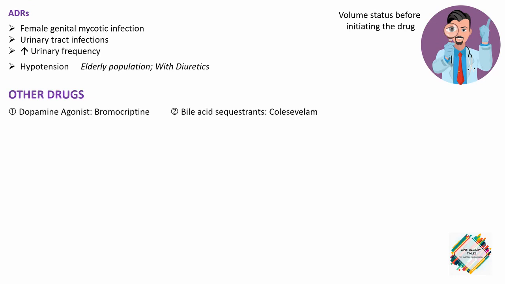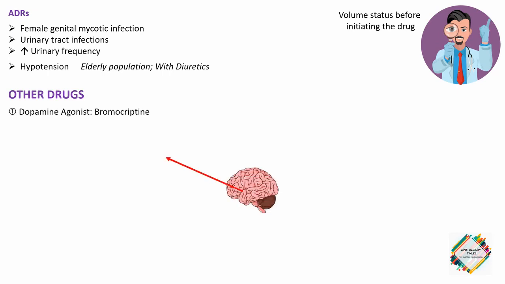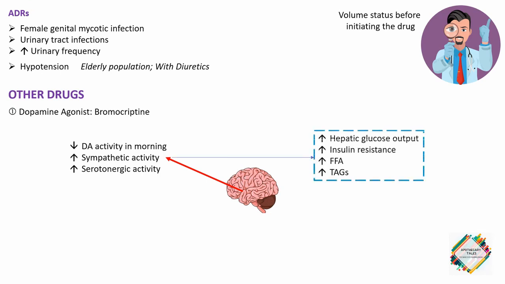So now when we talk in particular about bromocriptine, which is a dopamine agonist, usually what happens in a diabetic patient, there is always a decreased dopamine activity in the morning, an increased sympathetic activity and as well as an increased serotonergic activity, which will further contribute to an increase in hepatic glucose output, insulin resistance, FFA as well as TAG levels.